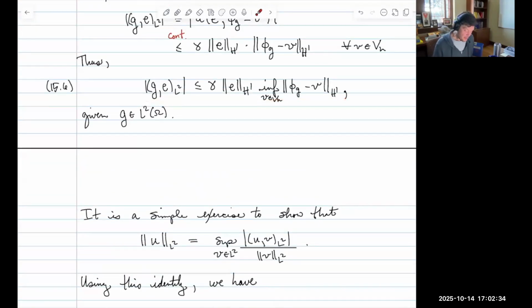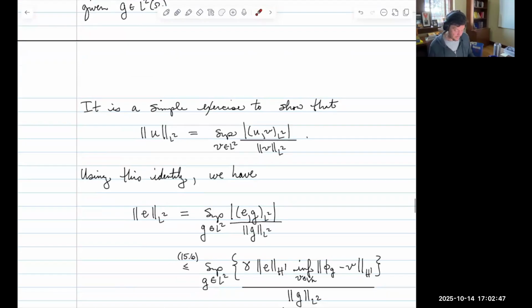Now you might cry foul and say, well, I want it with E here and G here, but I have G here and E there. Well, the L2 inner product is symmetric, so I can move them back if I want to.